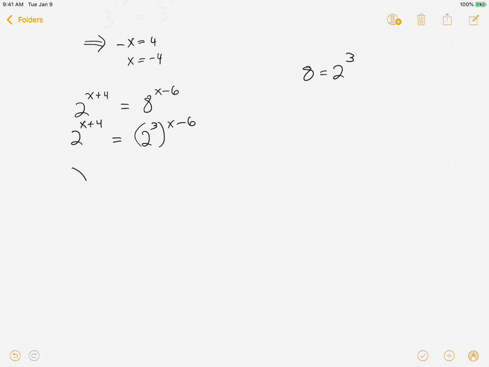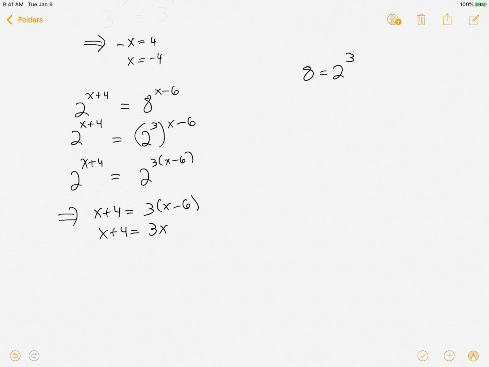Now I can combine those exponents by multiplying them. Then I can say that x plus 4 is equal to 3 times x minus 6. And then just solve this guy. Let's see what we get. So we get positive 11.